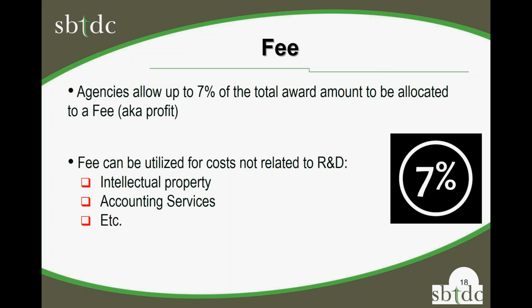You're going to have perhaps market research expenses, business development expenses. All of those things are not necessarily research and development. They're considered business expenses. So this 7% can go toward coverage of those. So in wrapping up the budget section, you've got direct cost coverage, indirect cost coverage, and a profit margin.